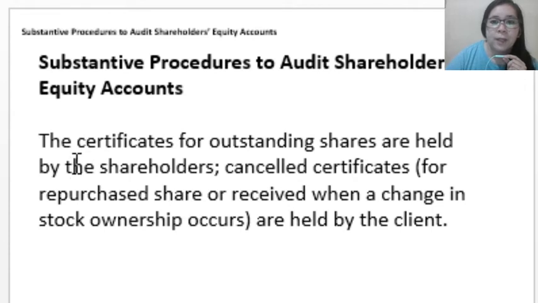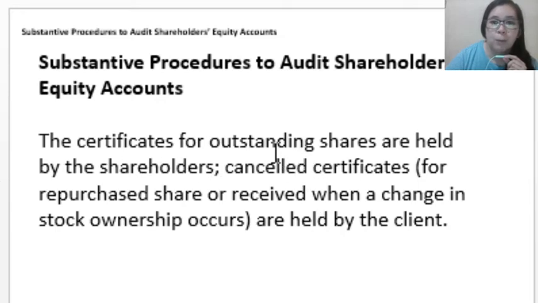The certificates for outstanding shares are held by the shareholders. If there are cancellations of certificates, this is in the case of repurchased shares or certificates received when a change of stock ownership occurred. These are normally held by the client and can be inspected by the auditor to verify the outstanding shares issued.